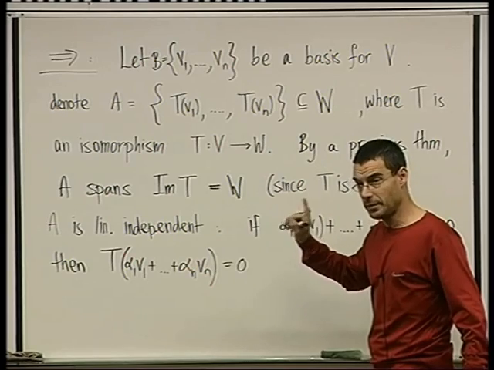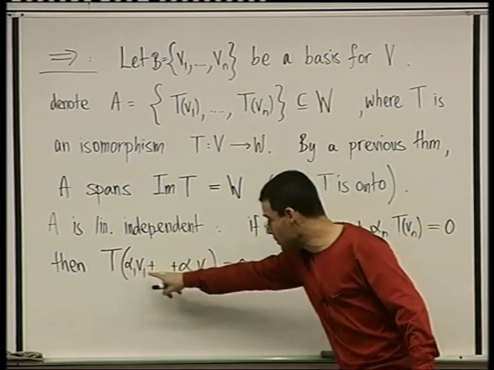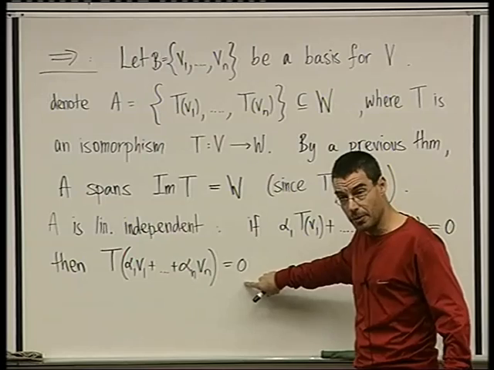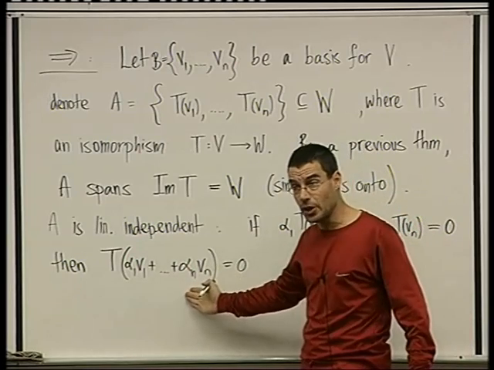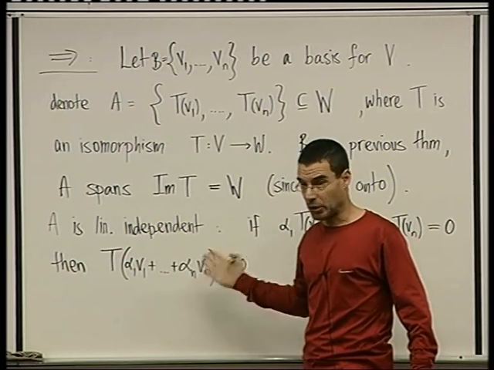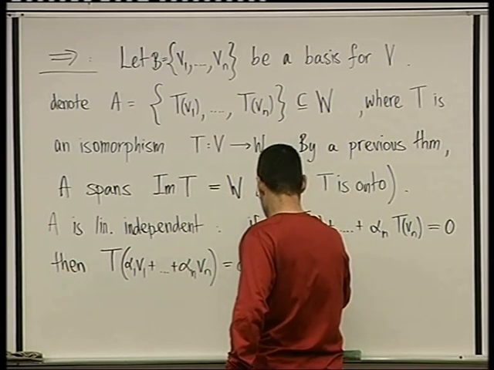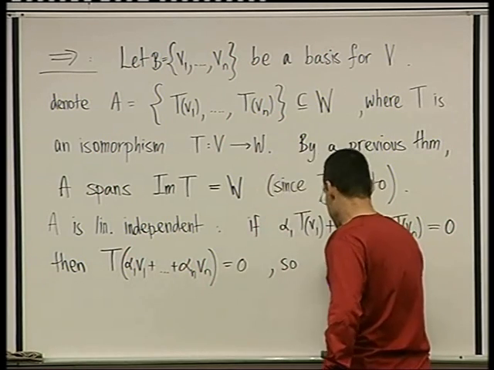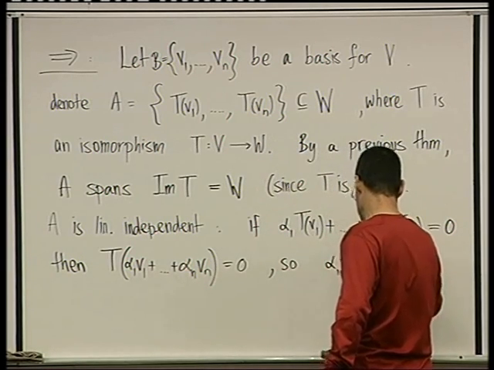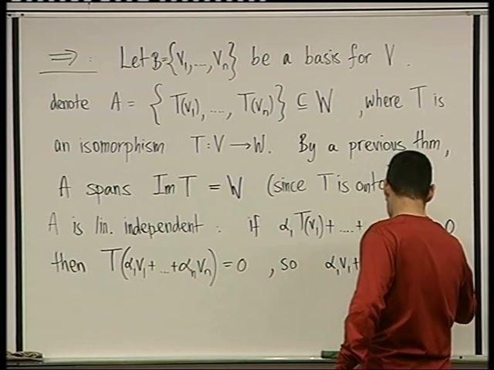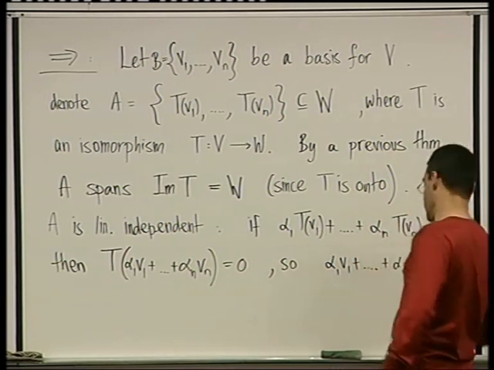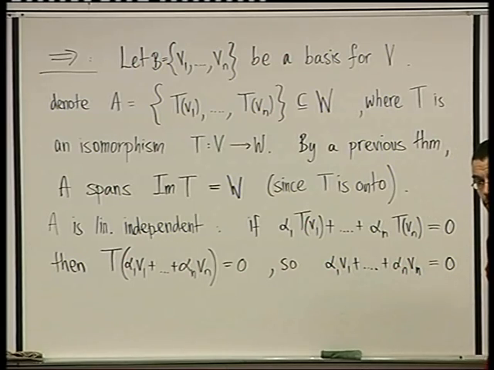It's 1 to 1. Therefore, if something gets sent to 0, that something is in the kernel, but it's 1 to 1. The kernel is 0. So this implies this, and therefore alpha 1 v1 plus ... alpha n vn is 0. Right?